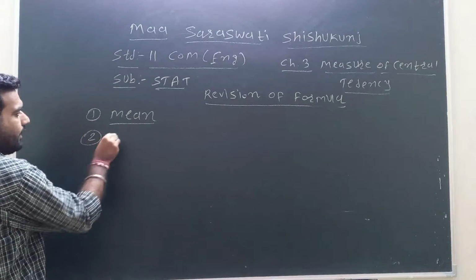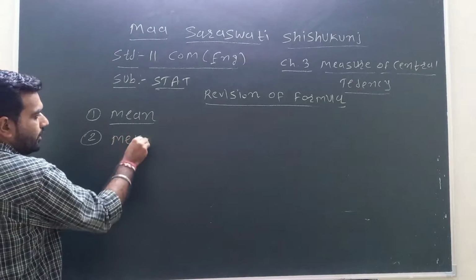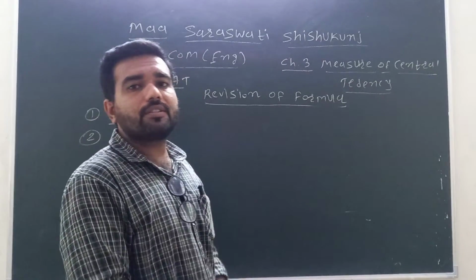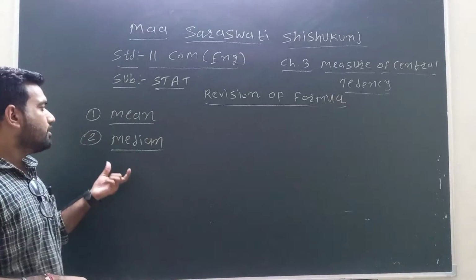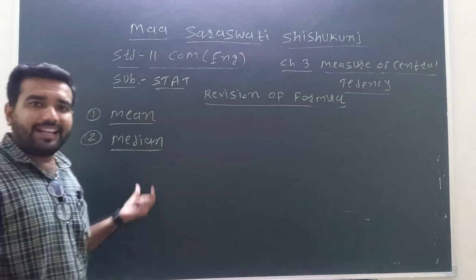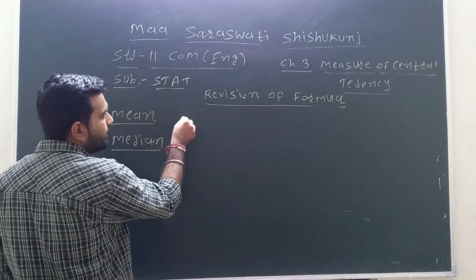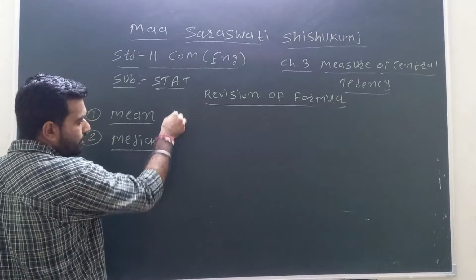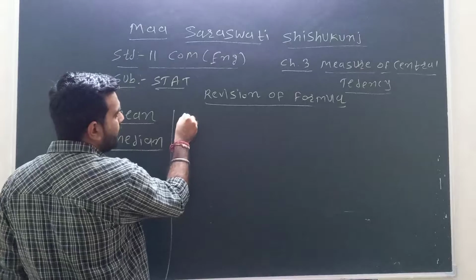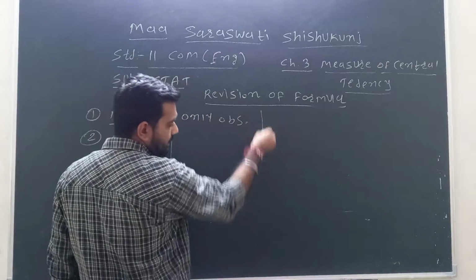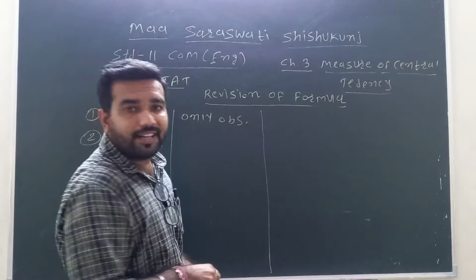Next, the second point is the median. Median is a positional average, also called the positional average. In that, median, quartile, decile and percentile are included. First, in the median, we use it in three cases. First, when only observations are given.